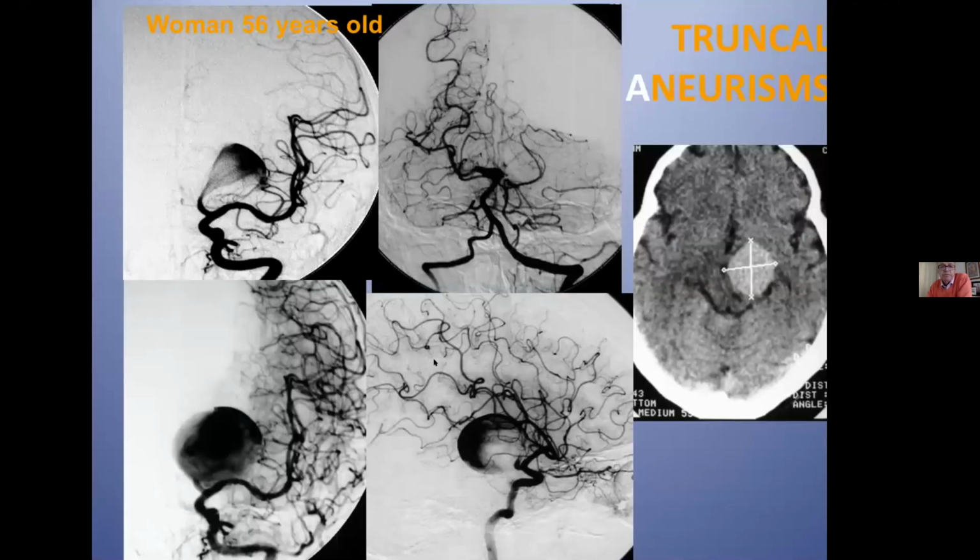Another patient has a P1 and basilar tip aneurysm. This is the posterior communicating artery. This is the giant aneurysm. This is the CT scanner. This is the neck.